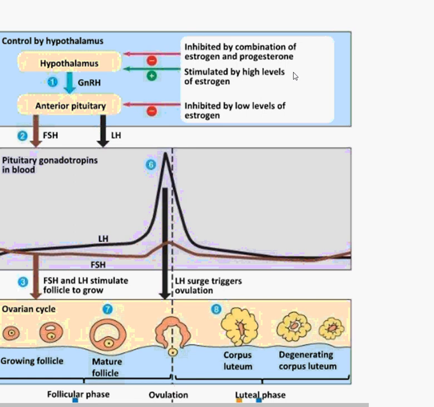There is a time in a woman's life called menopause, when the hypothalamus is no longer releasing GnRH. Therefore, those cycles are discontinued. So whereas the male is non-cyclic and continuous, the female is cyclic and has a definite beginning and end.